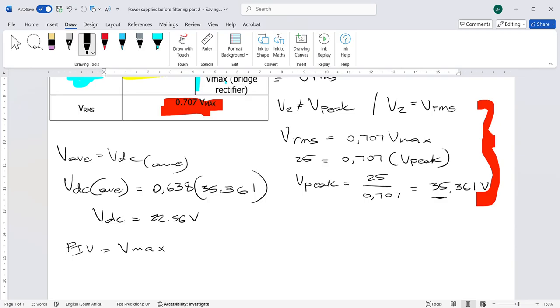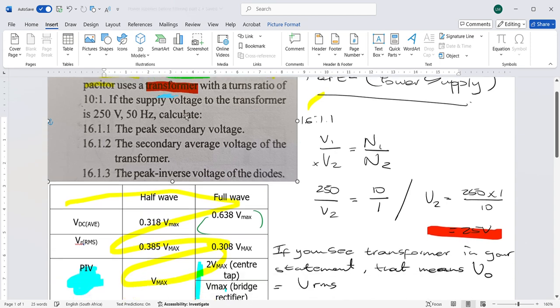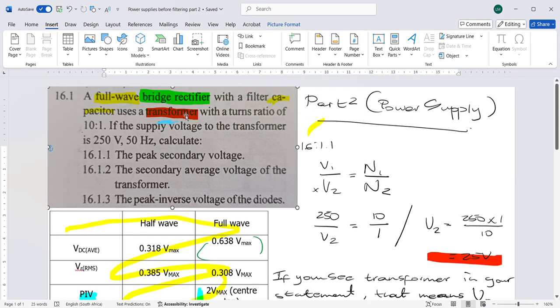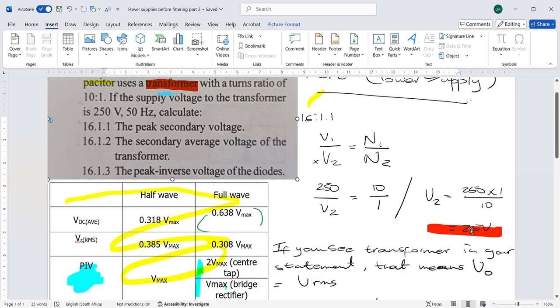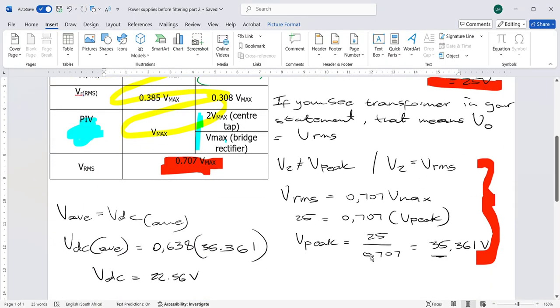So again, if you did not remember that the transformer is being used or mentioned, you would have used 25, and it would be incorrect.